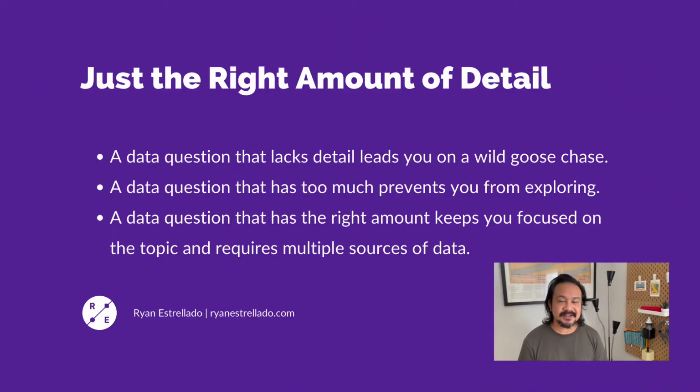So imagine if the attendance data question that we were looking at was not what is the general state of attendance at our school, but rather something like how were students feeling about school? That kind of question is way too broad for what our imaginary principal is trying to solve here, which is understanding how to improve attendance.